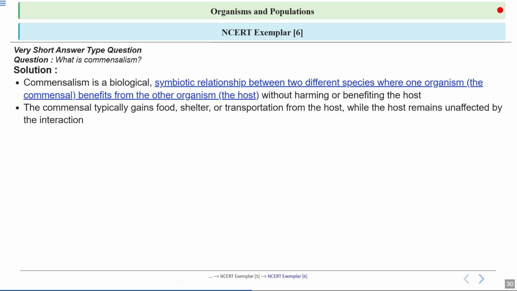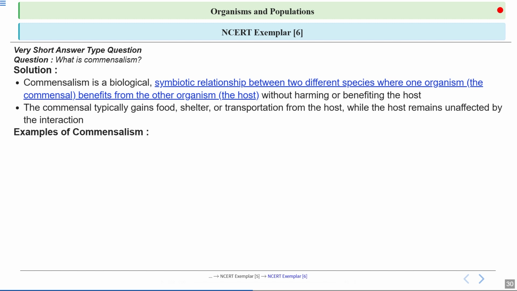The commensal typically gains food, shelter or transportation from the host. The host is unaffected here, but the commensal is getting all the benefit, and the host is neither harmed nor benefited.